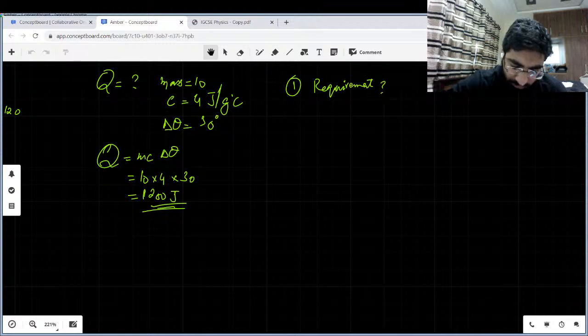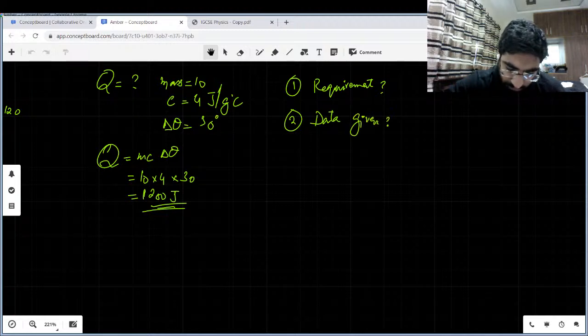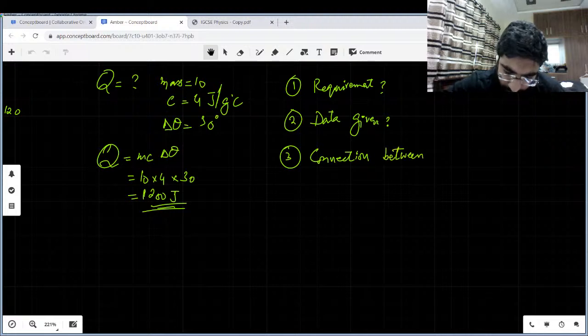The second step is to lay out the data given and analyze it. The third step is that you find the connection between the data given and the requirement, and that will be your solution.